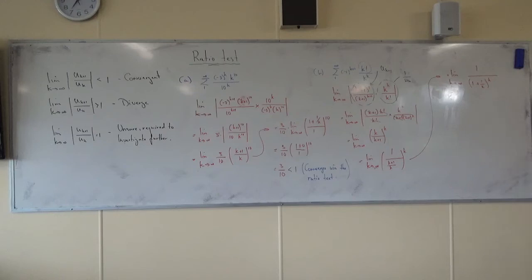Does anyone know what that equals? What's this limit as k approaches infinity? Who said that? It's e. Do you remember this limit: the limit as n approaches infinity of (1 plus 1 divided by n) to the power of n is equal to e?